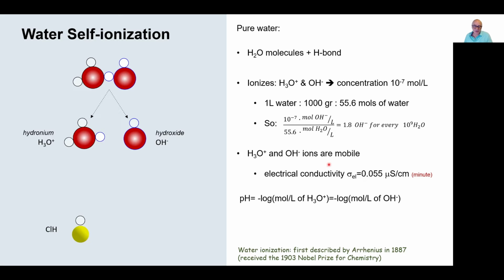Now, we can change the pH by adding more hydrogens. How do we do that? Well, we put in an acid, hydrochloric acid, or we can add more hydroxides by adding sodium hydroxide. And so we are feeding hydroxides, we go on this side, or we are feeding hydrogens, and we go towards the formation of hydroniums.